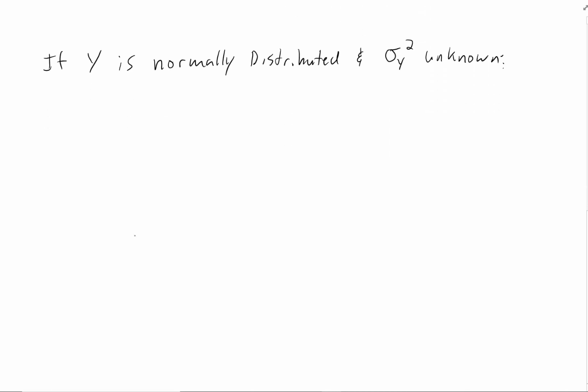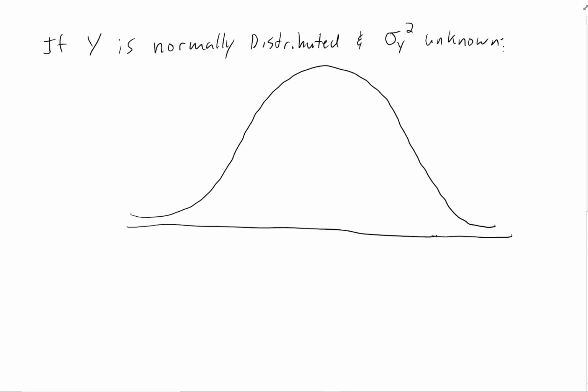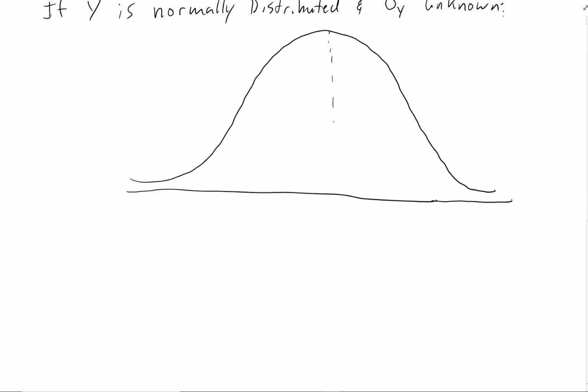What the p-value is doing is this: we have this distribution of our test statistic. This is the distribution of our t statistic that we talked about before, where we take our y bar, our sample mean, subtract the hypothesized value, and because we don't know the population standard deviation, we use the standard error that we calculated in the videos before.